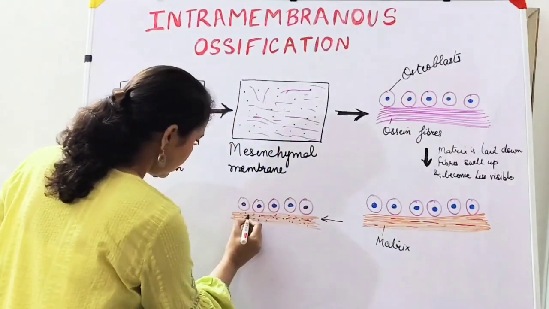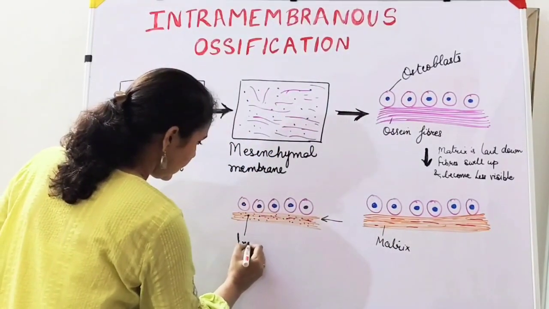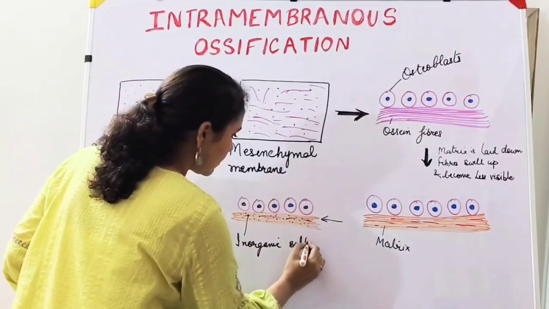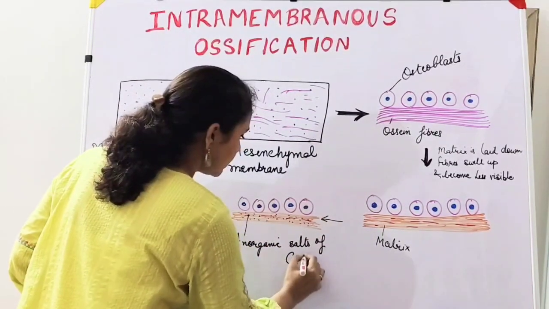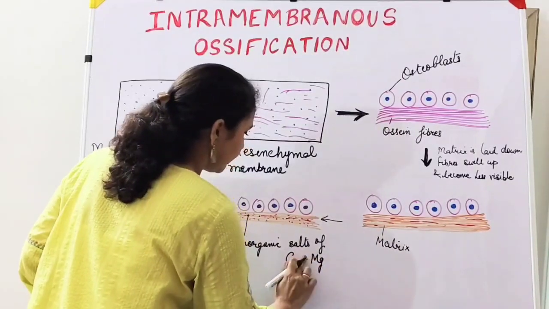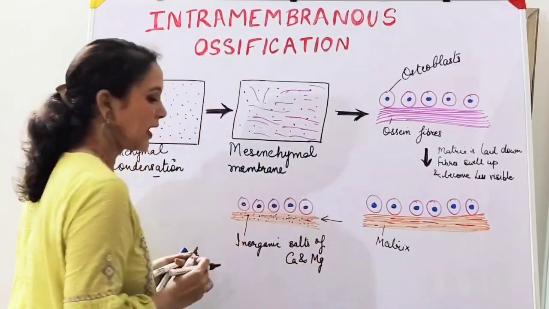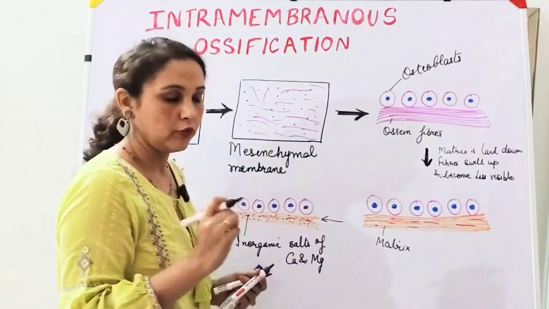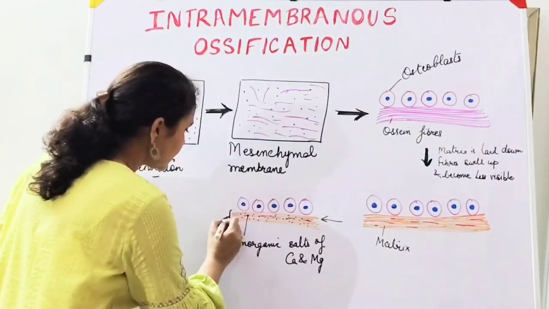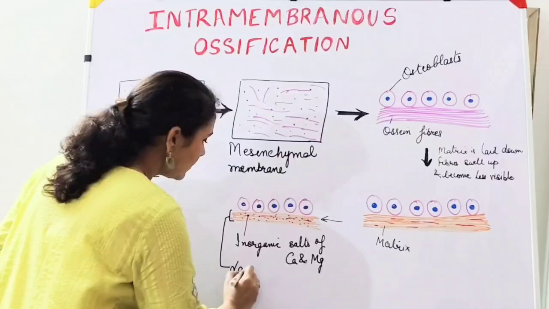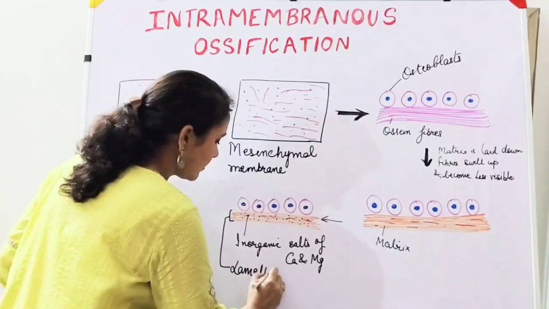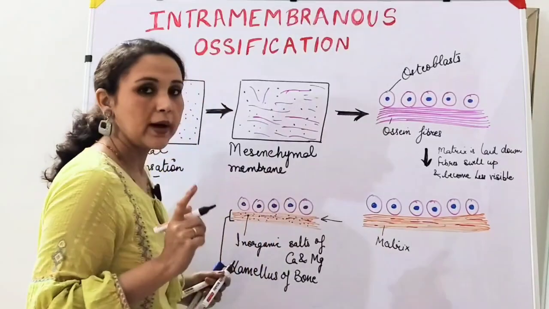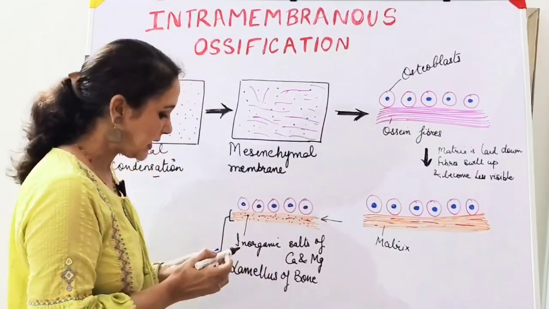Now this becomes one lamellus of the bone. So we can label this as one lamellus of bone. One lamellus of the bone has been laid down.